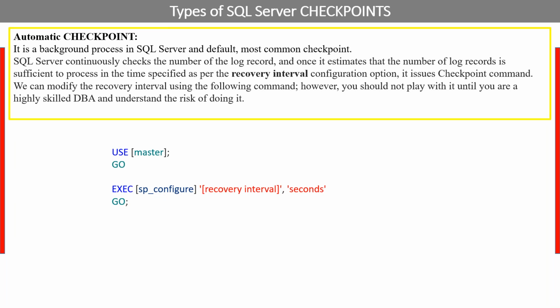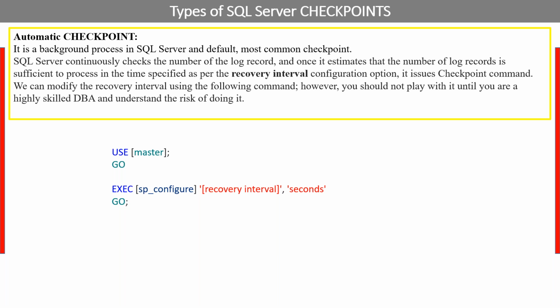In SQL Server, we have four types of checkpoints available. Before SQL Server 2012, we had only three types of checkpoints, sir. After SQL Server 2012, we have four checkpoints available: automatic checkpoint, internal checkpoint, manual checkpoint, and indirect checkpoint.